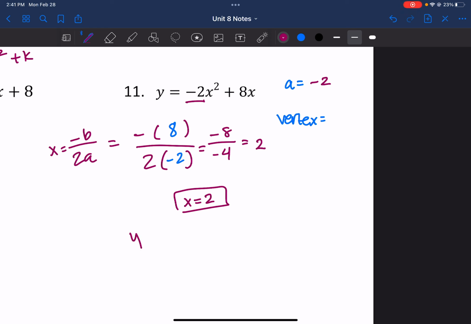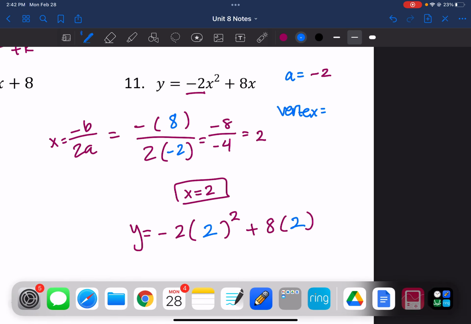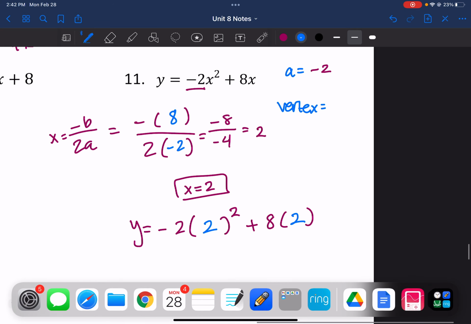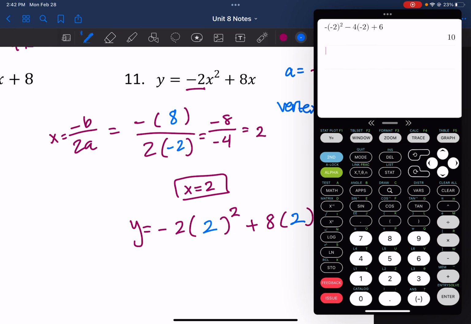So now I have y equals -2. I need to put a 2 there, right? So then it should be a 2 here and a 2 here. So use my calculator, just check my work, because sometimes I be tripping, man. Come on. All right, clear that up.